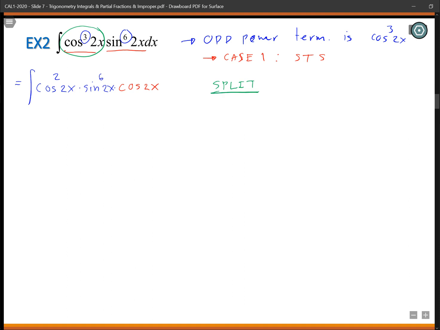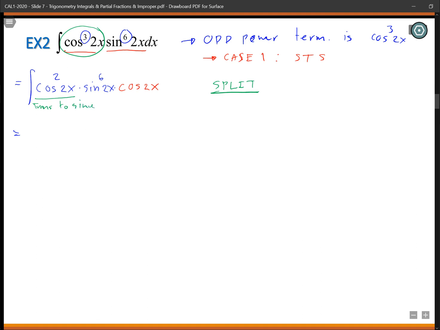Okay. Now we move to the second step. We want to perform the transformation. And we are going to do it with the terms that we just worked on, which is this. We see cosine 2x to the power of 2, which means that we want to transform this to sine.